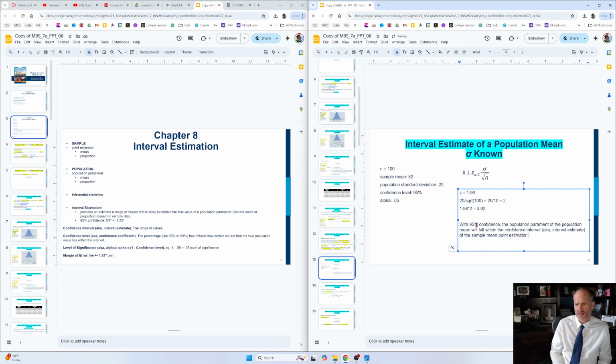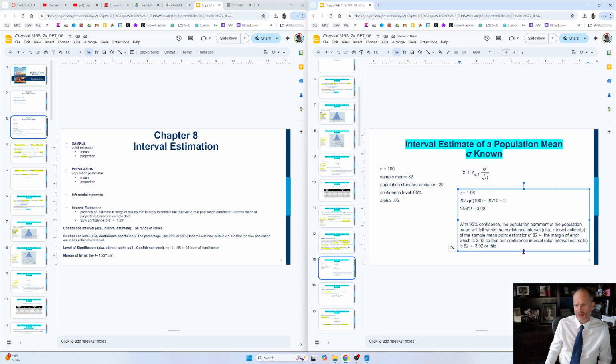The sample mean is 82, and it's going to be plus or minus the margin of error, which is 3.92, so that our confidence interval, aka interval estimate, is 82 plus or minus 3.92.